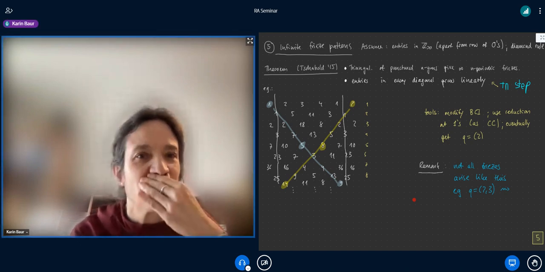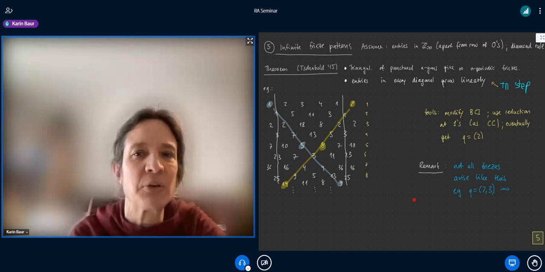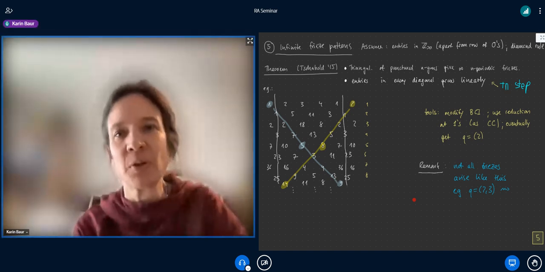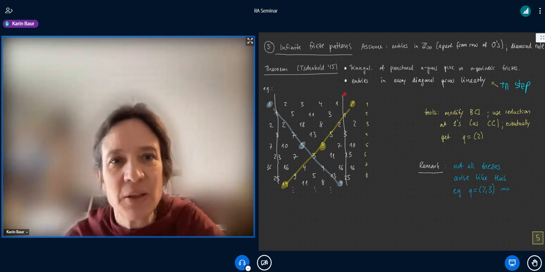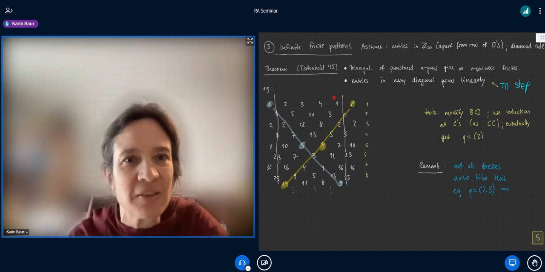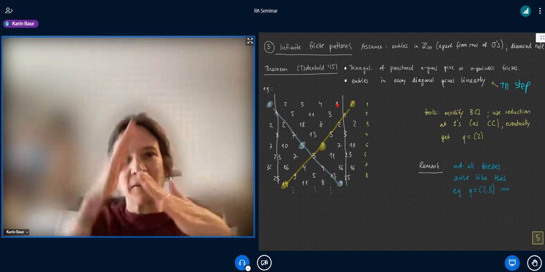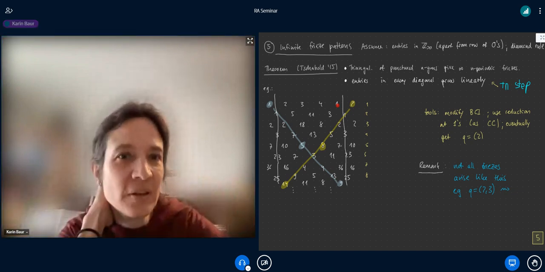So the tools to show this were to modify Broline, Crow, and Isaacs' approach, and also some tools from Coxeter and Conway: when you look at the first row, if there's an entry 1, you can reduce the Frieze, so you can sort of kill that diagonal and the other diagonal, and you get a smaller period.